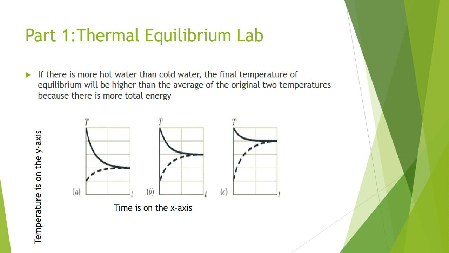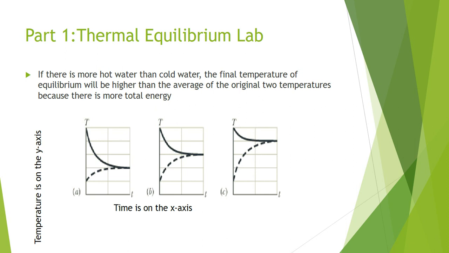So an example, I'm going to start with this graph C. So in real life, what would this be? Well, you have more hot substance than cold substance, and because that final temperature of equilibrium is closer to the original temperature of the hot substance.